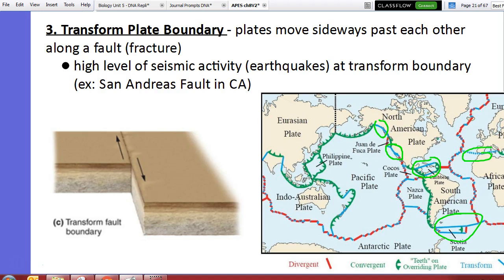If we don't have plates going away from each other or towards each other, they can be sliding past each other. So plates move sideways past each other along a fault, or along that space in between those two plates.